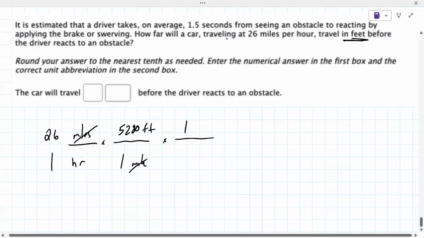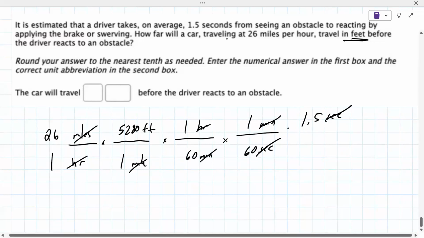And we know that in 1 hour, there are 60 minutes. Hours cancel hours. 1 minute is 60 seconds. Minutes cancel minutes. And we're going for 1.5 seconds. So seconds cancel with seconds. You can see that the only unit left over is the feet. And that's what we care about here. We care about how many feet. So you multiply the top: 26, 5,280, 1.5, divide by 60, divide by 60, round to the nearest tenth as needed.